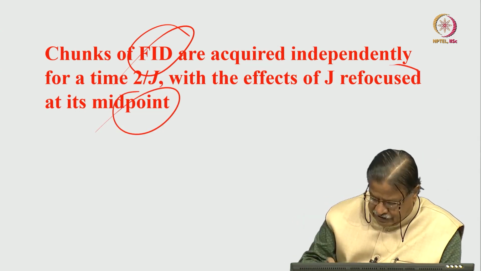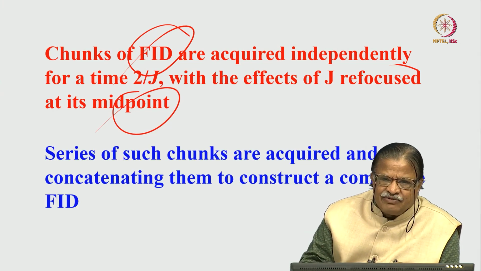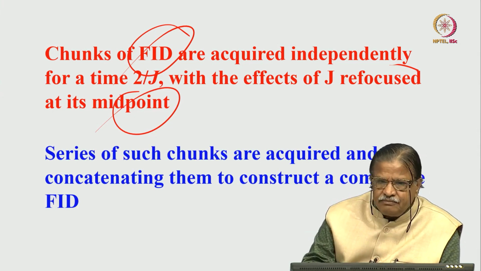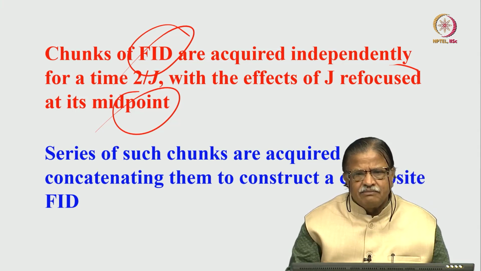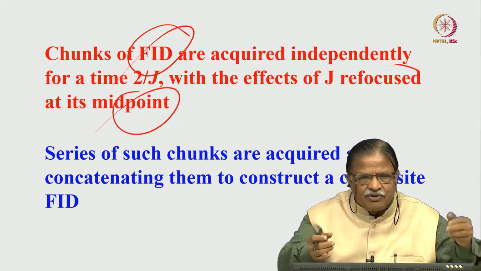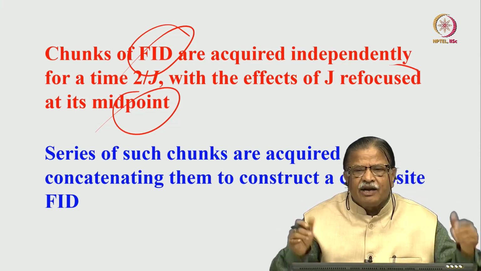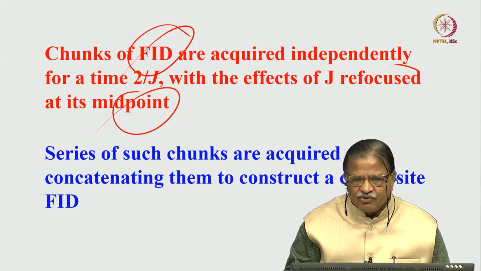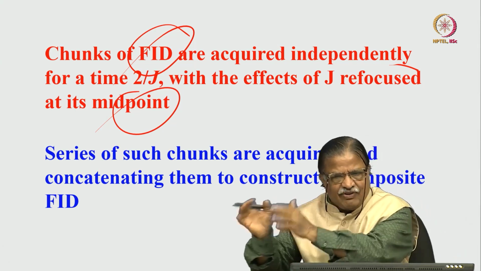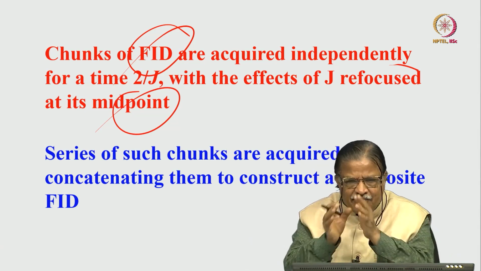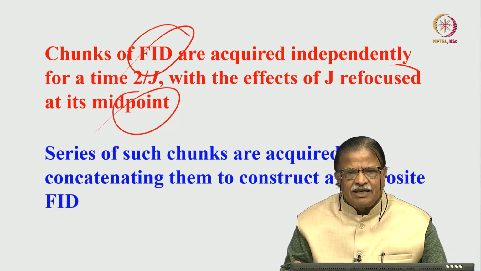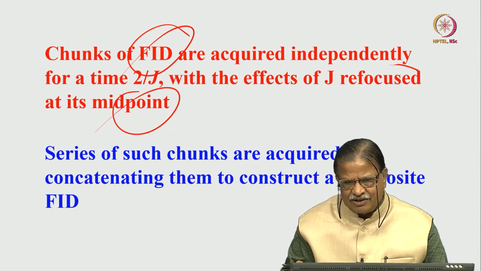A series of chunks are acquired, and we concatenate each of them, construct a composite FID and do the Fourier transformation. That is one way: collecting the chunks of FID, and each time at the midpoint we have to ensure that the J's are refocused.